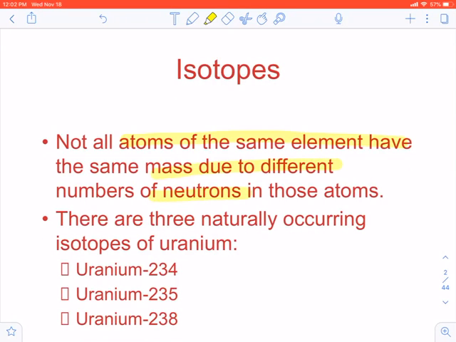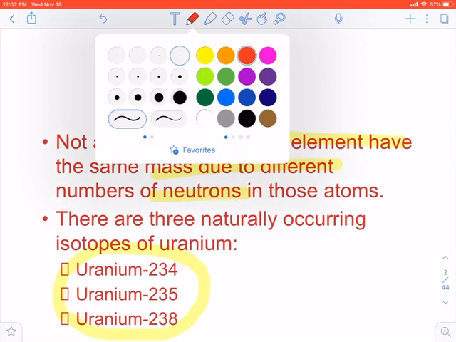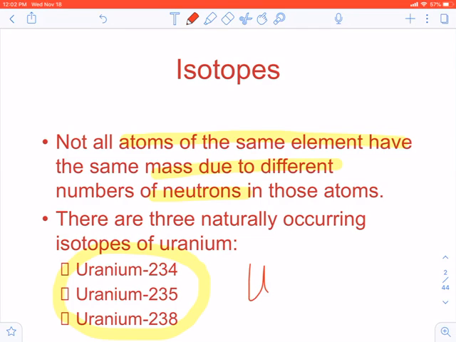Okay, so again, like uranium, which is something you're going to have to start looking at. The atomic symbol for uranium is U. If you look at the periodic table, it's atomic number 92, so these all have 92 protons, but they have different amounts of neutrons. And remember, these are not the number of neutrons, but the mass numbers.